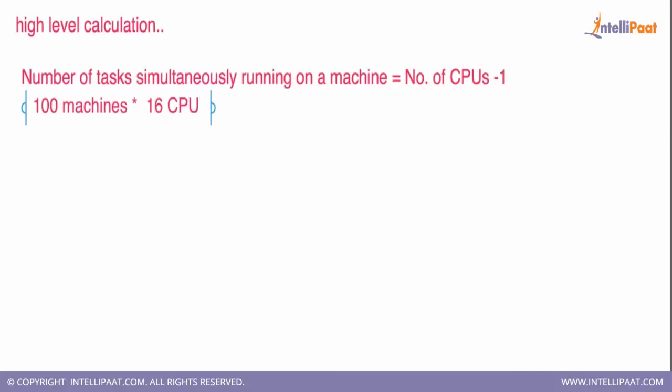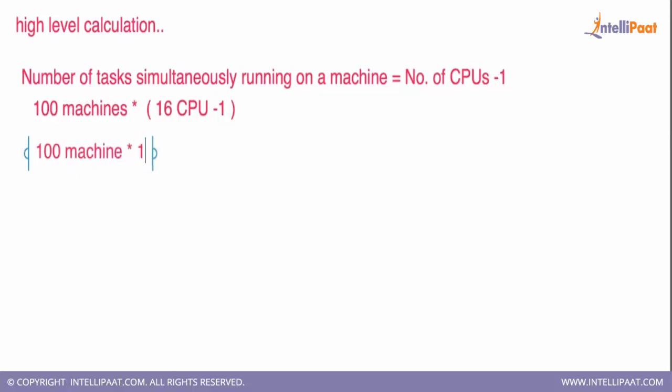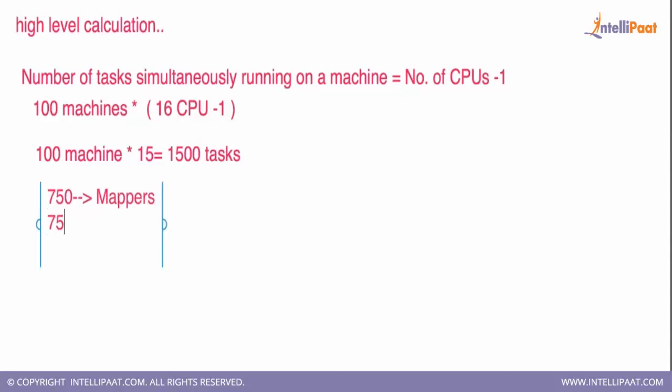So here it is 16 CPUs minus 1. That means the simultaneous tasks that can run would be 1500, so you leave 750 for mappers and 750 for reducers.